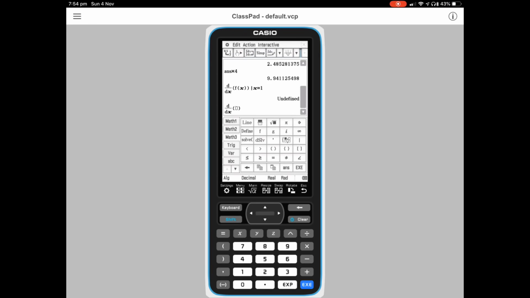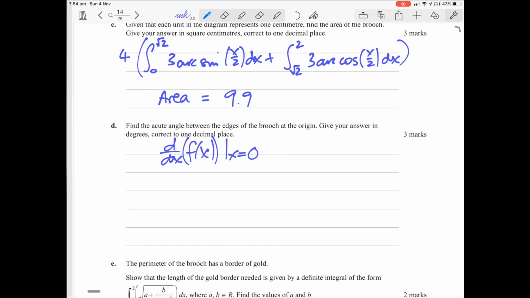Okay, so let's try, what was it? 3 sine inverse x on 2. 3 sine inverse x divided by 2 given x equals 0. Okay, so the gradient's 3 on 2.